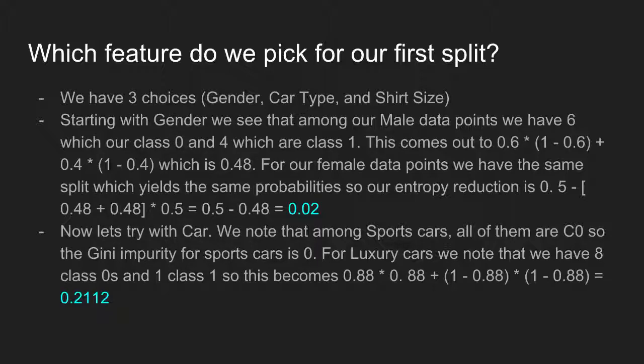Now, let's try with car. If we look at the sports cars, we know that all of them are class 0, so the Gini impurity for that is 0, much like with our plant example, when we made the first split, all of our examples that were setosas were just put in their own leaf. We're doing the same thing here.